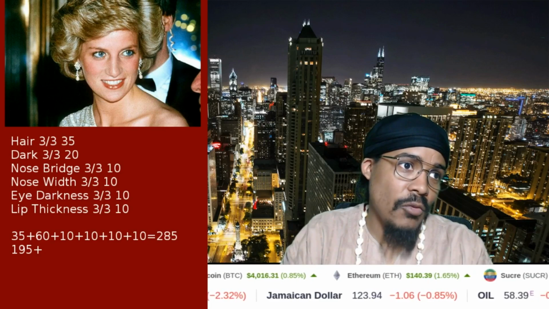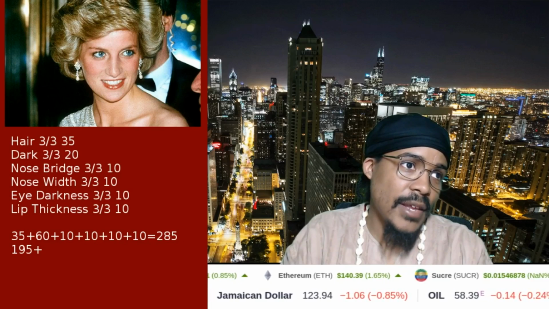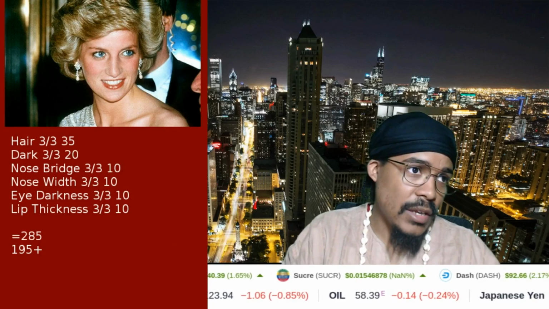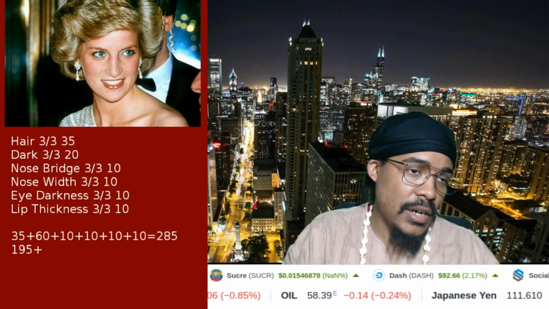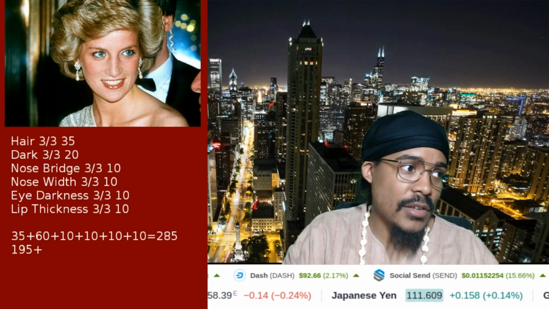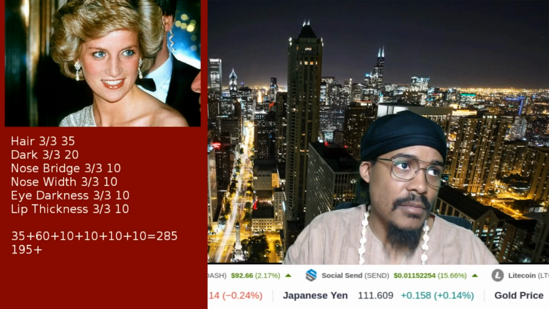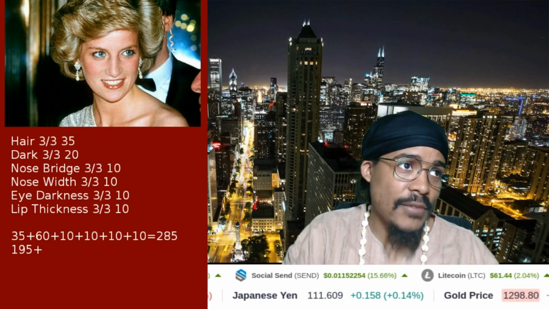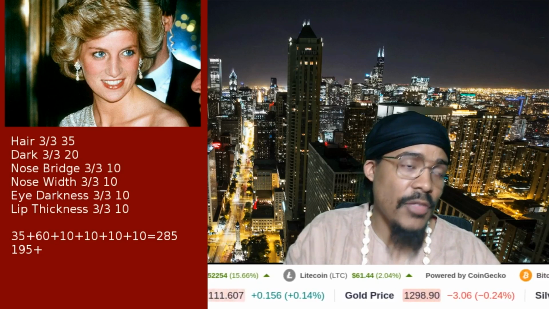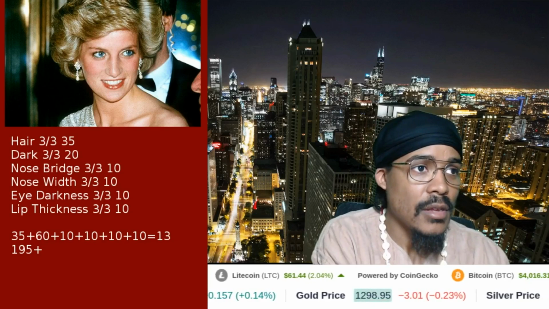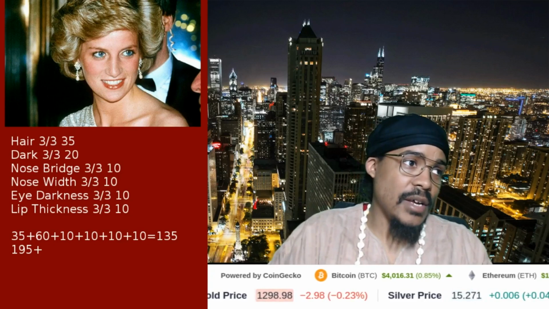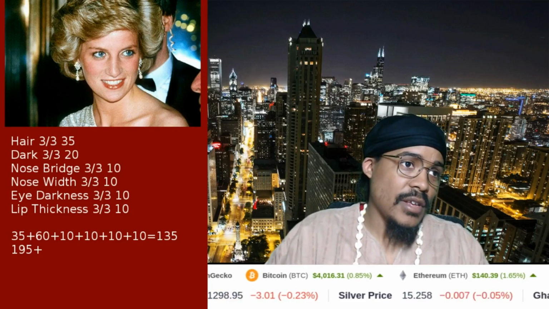And level 1 lip thickness will give you 10 points. And remember, you need 195 points to be determined as black. But if you have that, you're only going to have 135 points. So a person with dark skin but all of the other features will not be black.